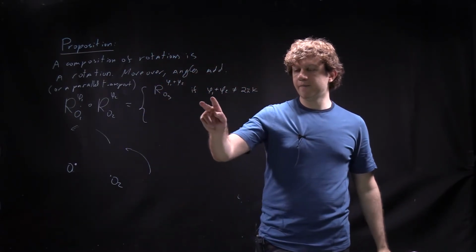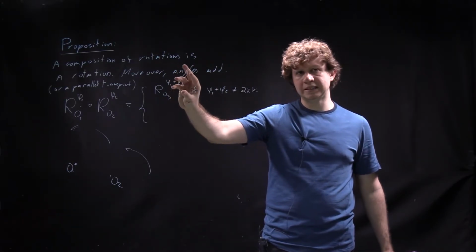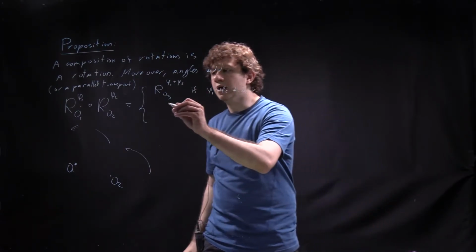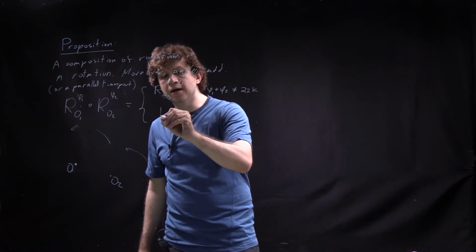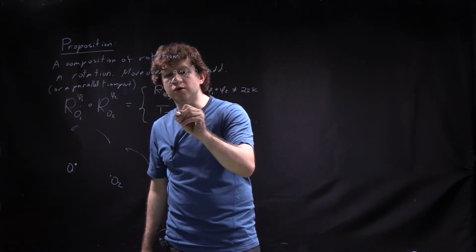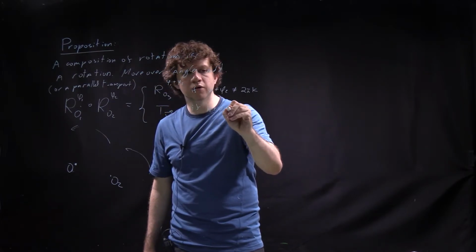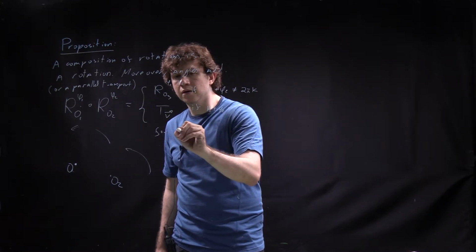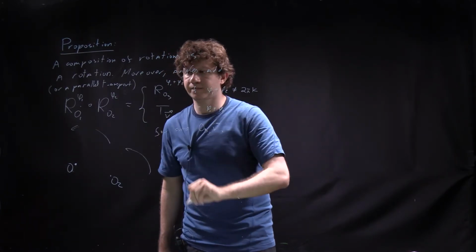Because of course in this case it will be kind of a rotation with zero angle, which is kind of identity, but it won't be identity. So if angles add up to 2 pi k, then it's a parallel transport by a certain vector v, if phi1 plus phi2 equals 2 pi k, for some point O3 and vector v.